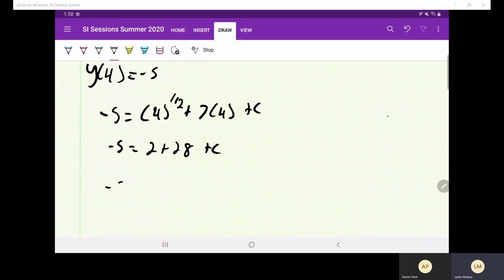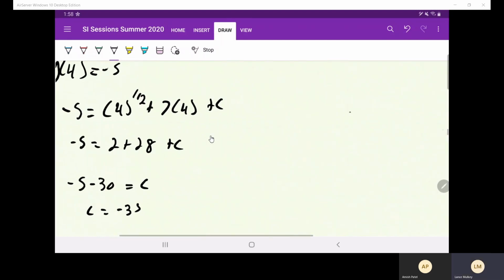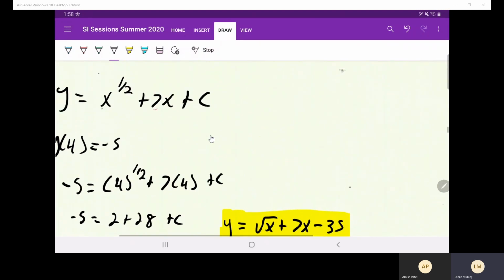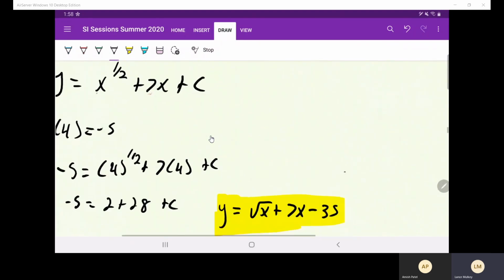So -5 minus 30 equals c. c equals -35. So y equals square root of x plus 7x minus 35. And that's your final answer. Because we had the antiderivative up here, we just plugged in what we got for c into that.